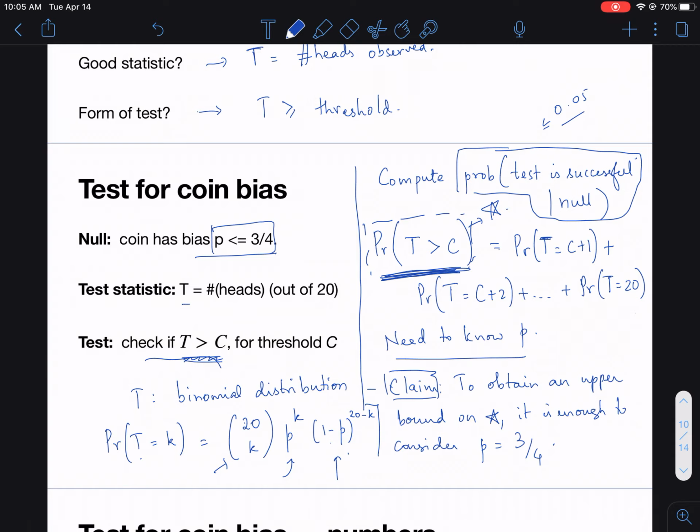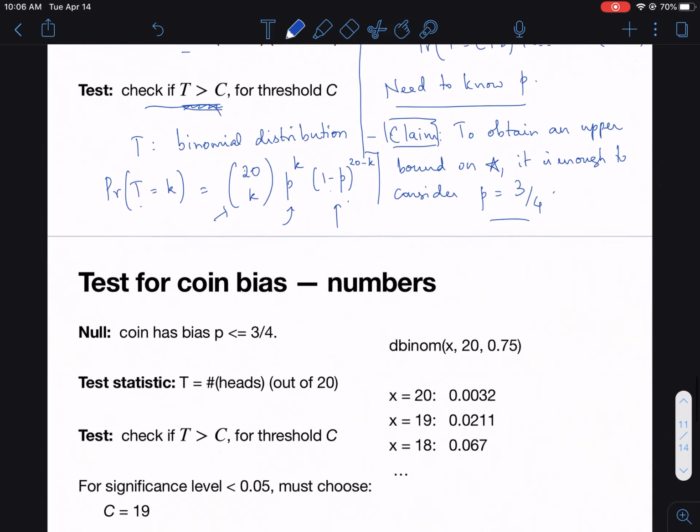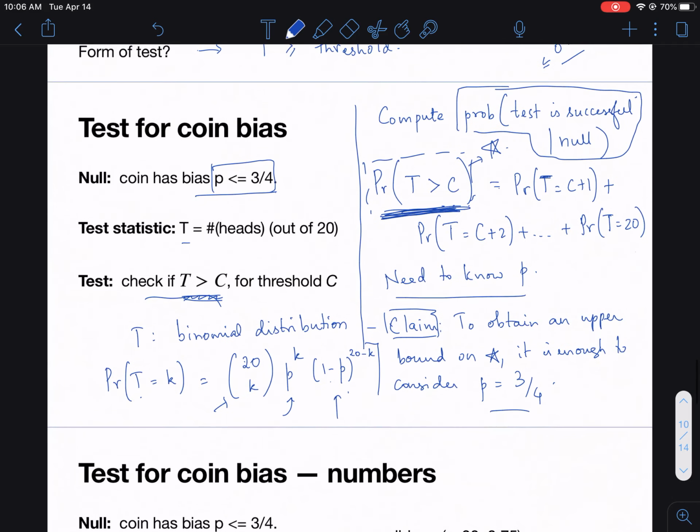But this claim holds. So the bottom line is that I can now evaluate this probability by plugging in p equals 3/4. From now on, let me plug in p equals 3/4 to reason about the null. So I need to evaluate quantities like this for p equals 3/4.